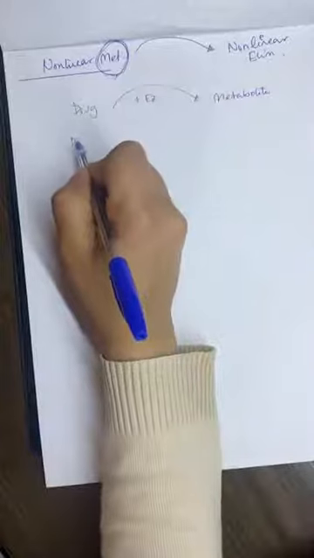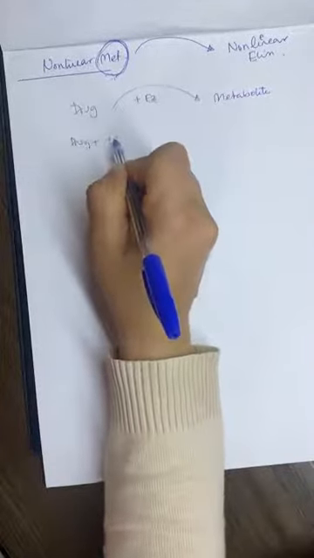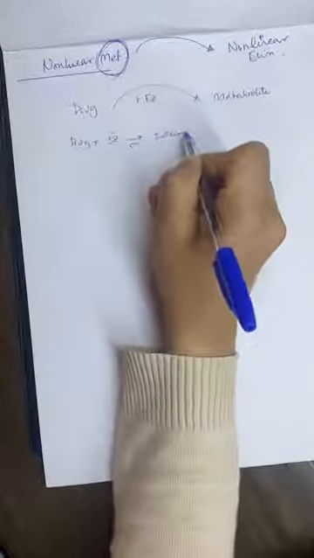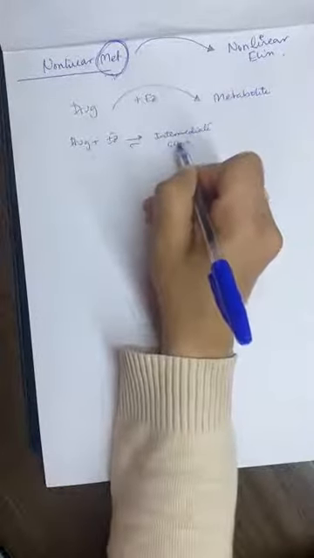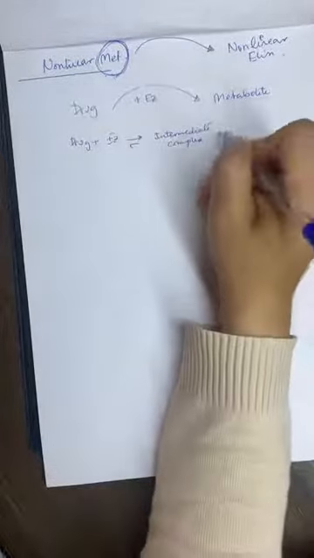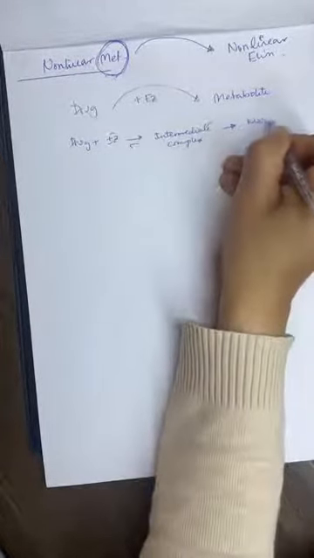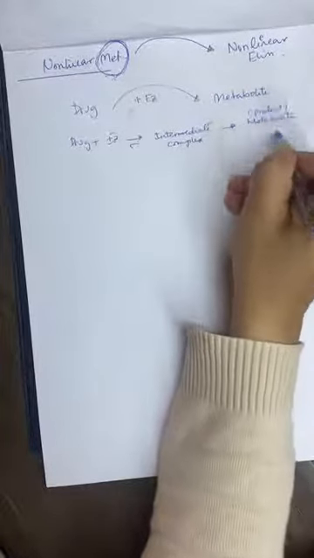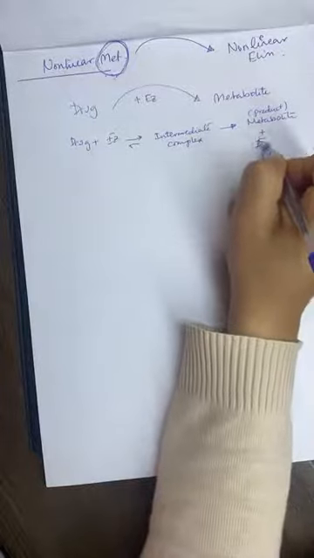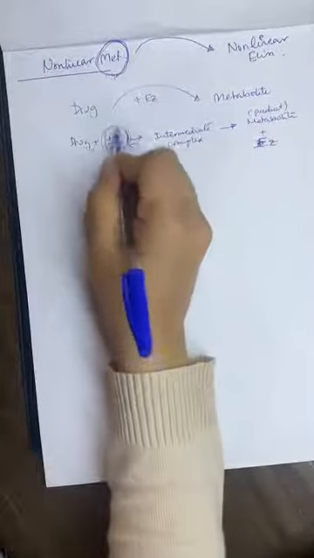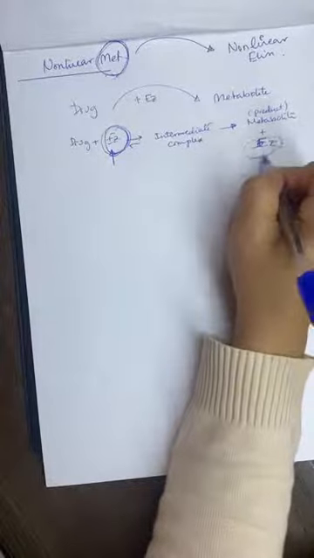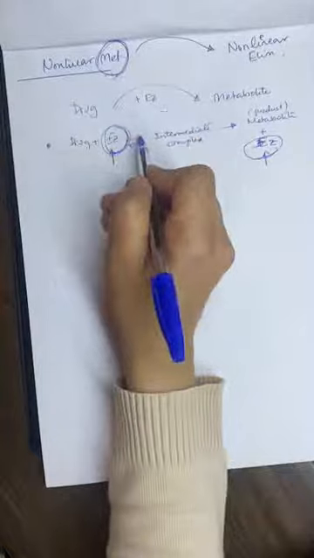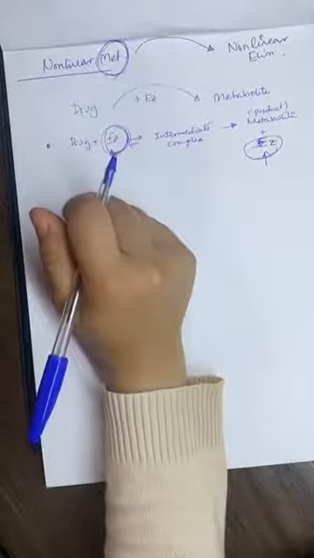And we will have drug plus enzyme to have the intermediate complex, which is usually not stable, to have the metabolite, which is our product, plus the enzyme. So the enzyme as input will also be output. The details of the reaction are there in your reference book.